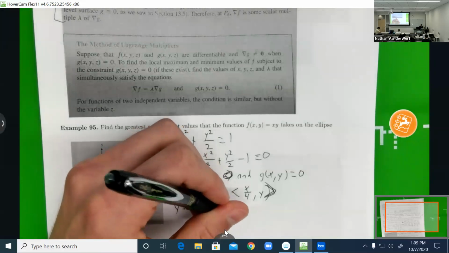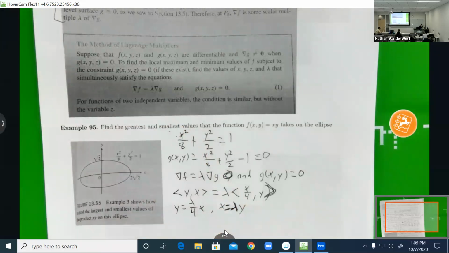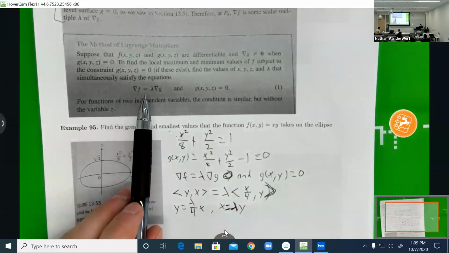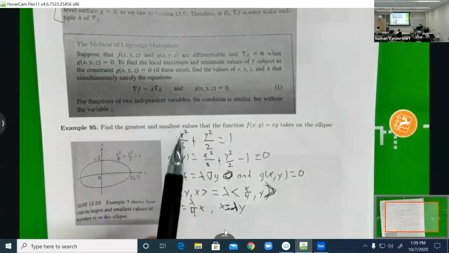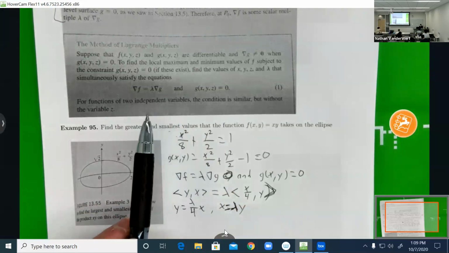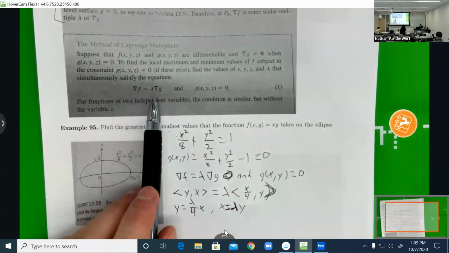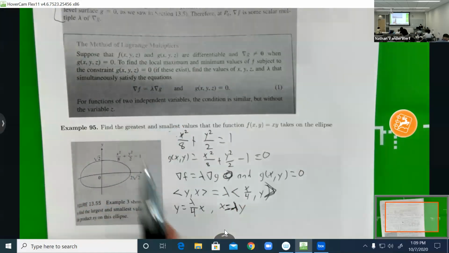So what part of it's confusing? It's understanding why this method should even work in the first place, which we haven't really gotten to yet. You did one example, but we need to do more examples. Just that setting the gradients equal to scalar multiples of each other, I feel like that's confusing, why that would even work. Because it's not anything like what you did in Calc 1.